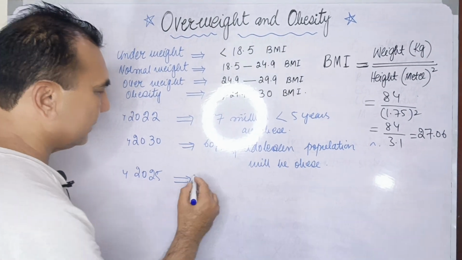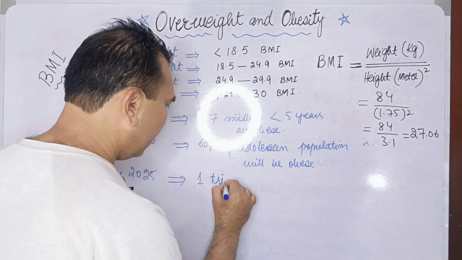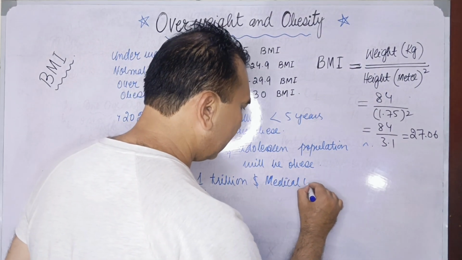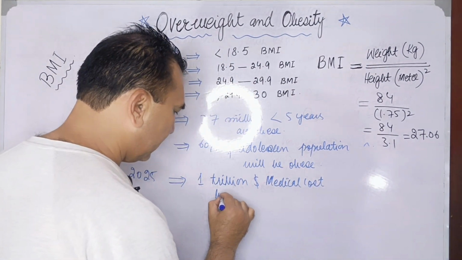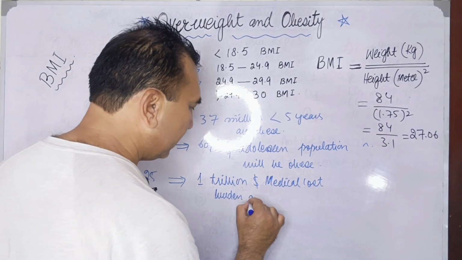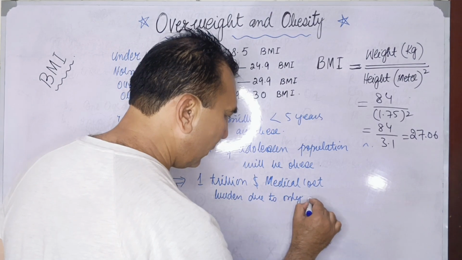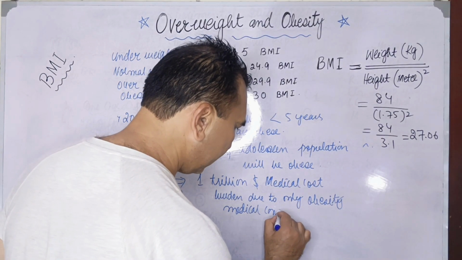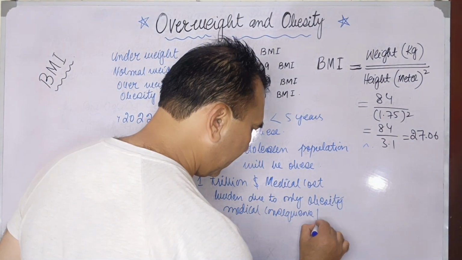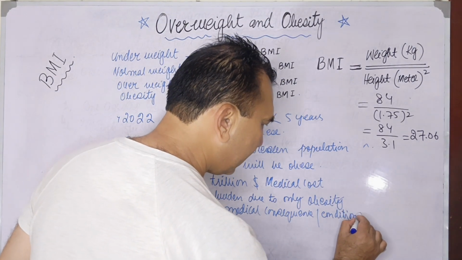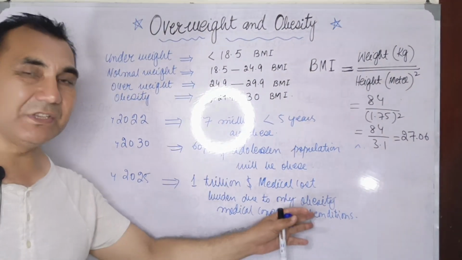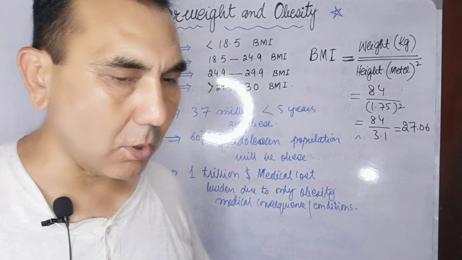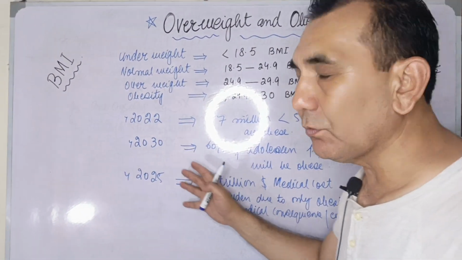In the next 2 years, it will put a $1 trillion health and medical cost burden due only to obesity-related medical consequences, diseases and conditions.